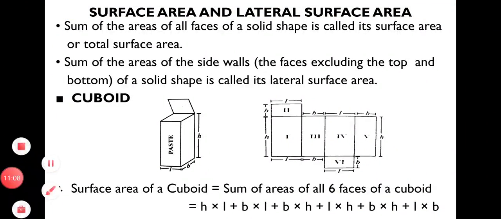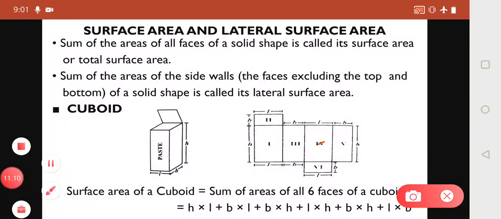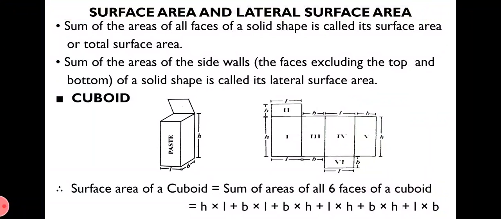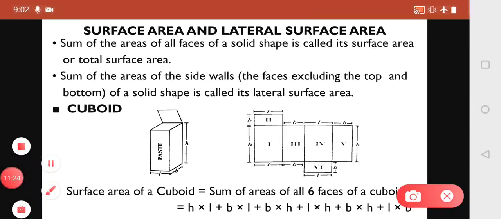Now for the fourth rectangle, we again have length into height, because these are all height only. For the fifth rectangle, we again have breadth into height.